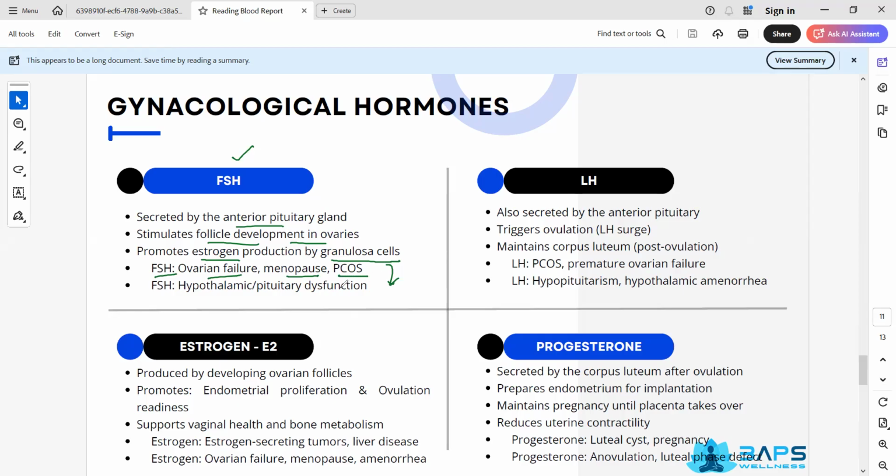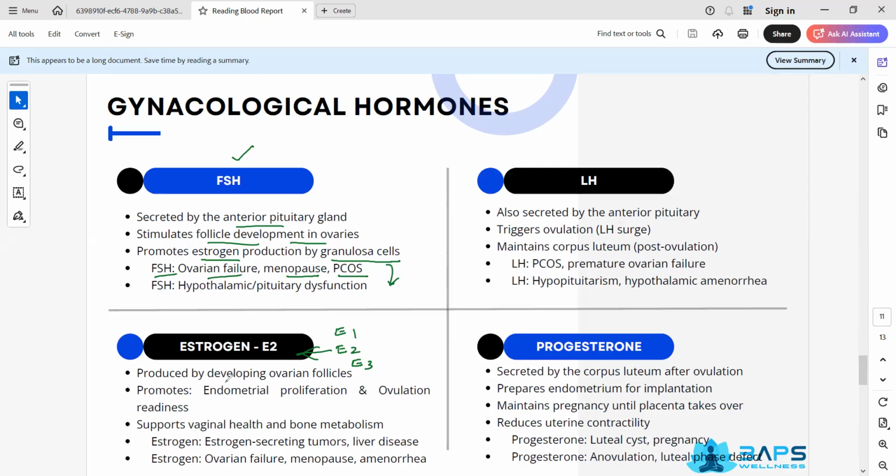In PCOD, PCOS conditions, you will see that FSH and mainly estrogen will be less. There are 3 types of estrogen. Estrogen is a collective term, E1, E2, E3, of which normally estrogen is known as E2, estradiol. During the fertility period, E2, estradiol only needs to be checked.